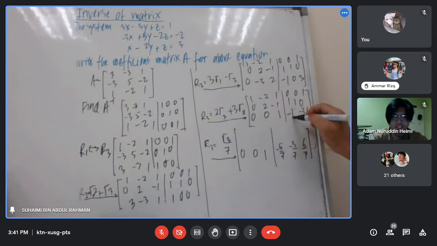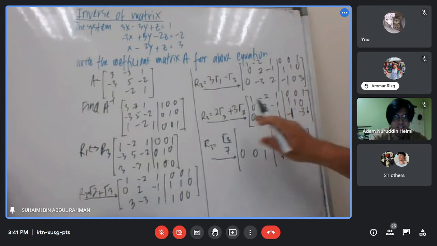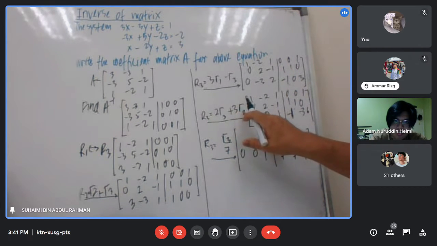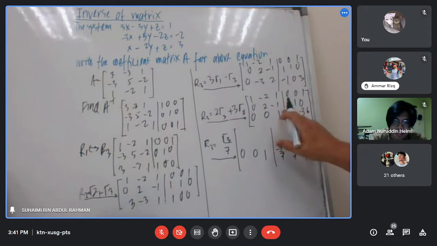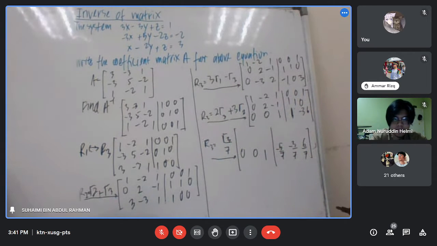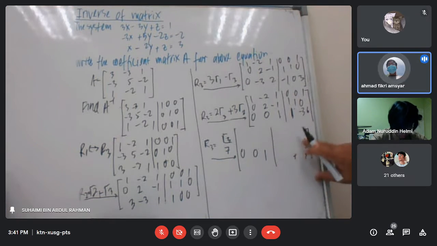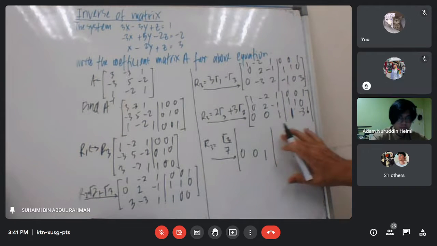Minus 1, I think. 2 times row 2. Row 2 is minus 1. So minus 2 plus 3 times 1, which is minus 2 plus 3, which is 1. Yes, that's 1.